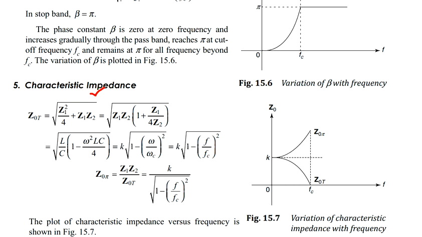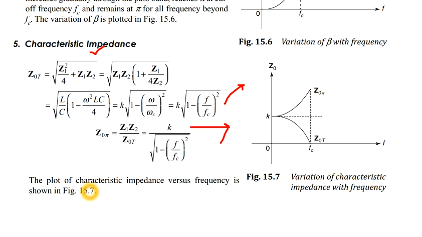Now if you substitute those values of Z1 and Z2, we will get this as Z0 pi, this is for pi filter, and Z0T is this one. See, both are different. So the shape of the filter also determines the characteristic impedance.